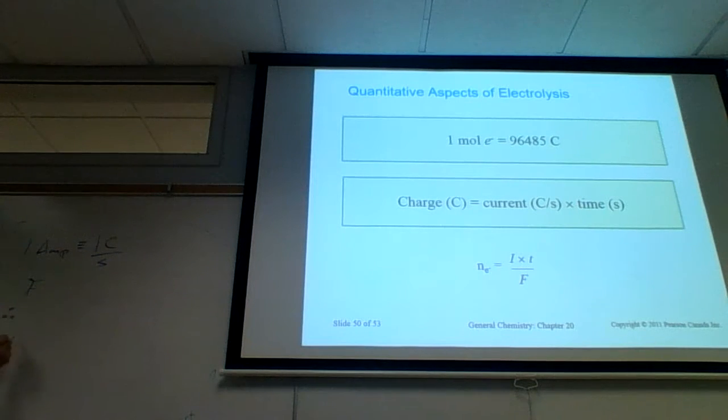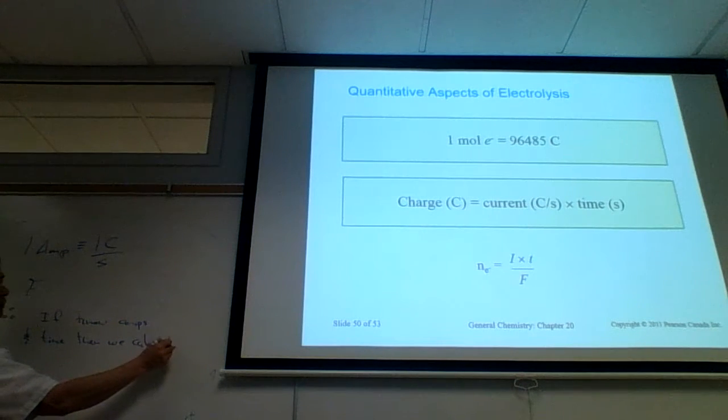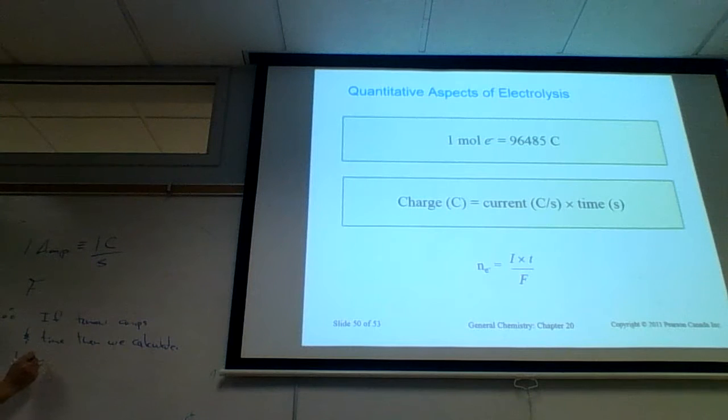Therefore, if we know the amps, you know what the current is, and time, then we can calculate how many moles of electrons have passed through the circuit. How many moles of electrons?